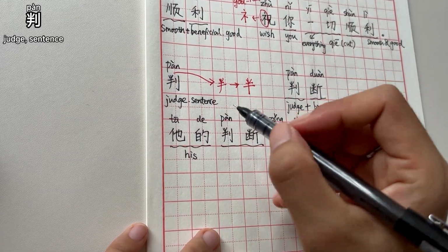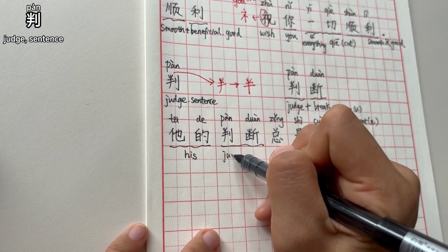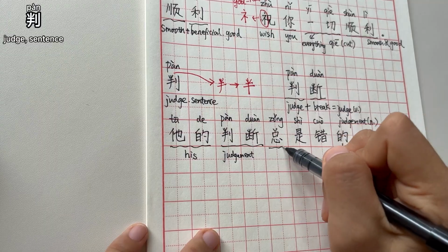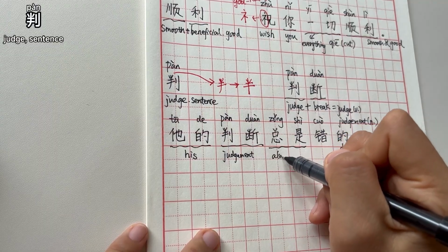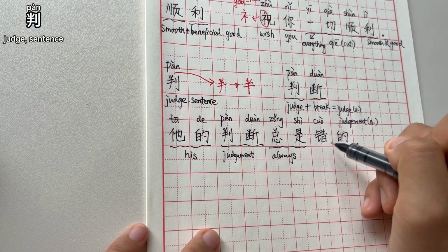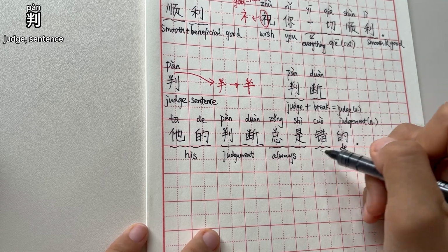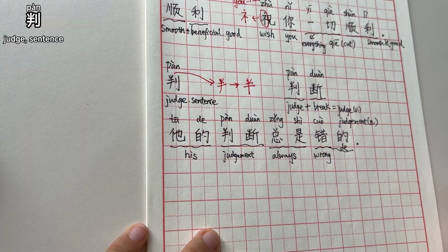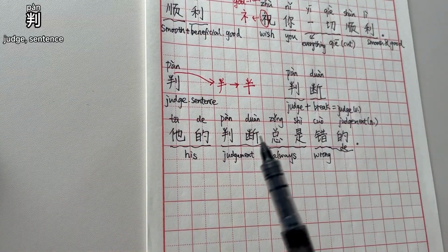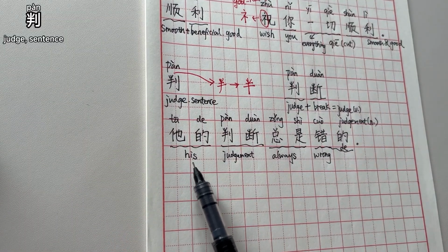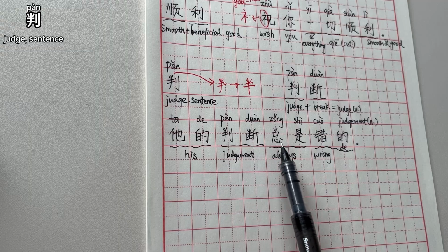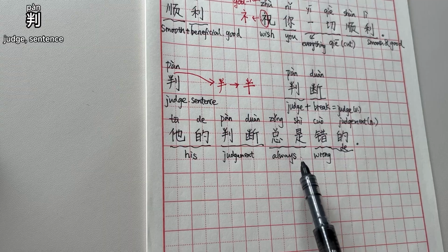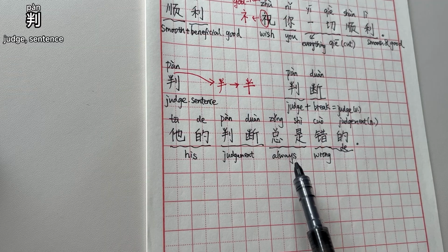Now the 判断 is a noun, judgment. And 总是, always. 错 is wrong, like 错的, wrong. Okay, so together 他的判断总是错的: his judgment is always wrong, or he has a bad judgment.